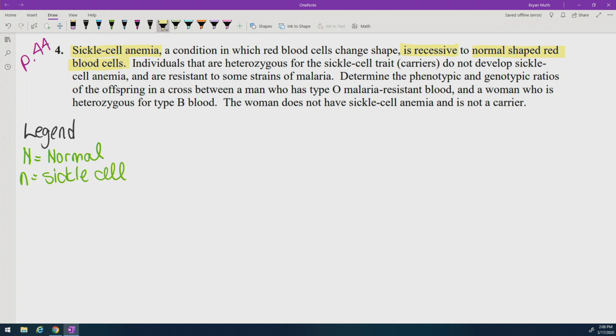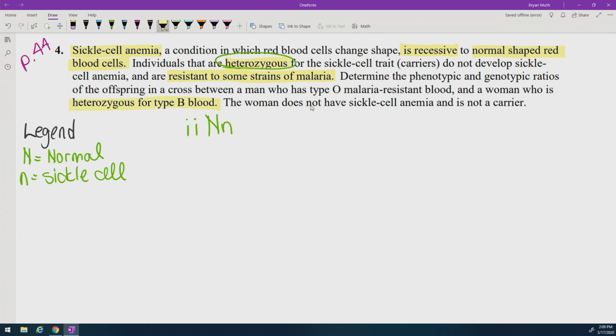In addition, individuals that are heterozygous for the sickle cell trait do not develop sickle cell anemia and are resistant to some strains of malaria. Determine the phenotypic and genotypic ratios of the offspring in a cross between a man who has type O malaria-resistant blood, which we said was heterozygous, and a woman who is heterozygous for type B blood.